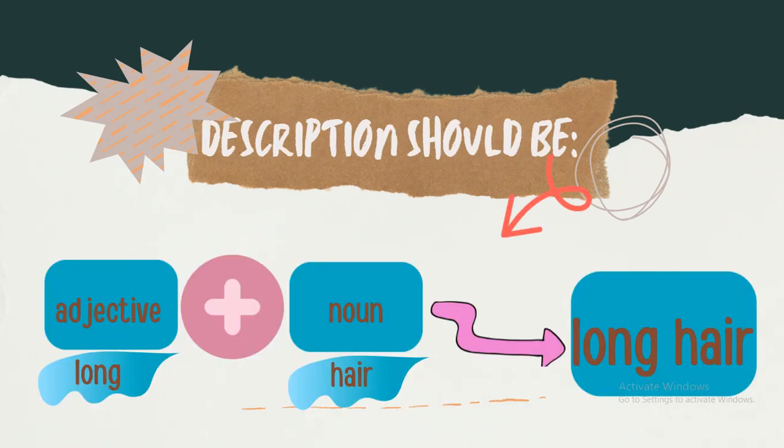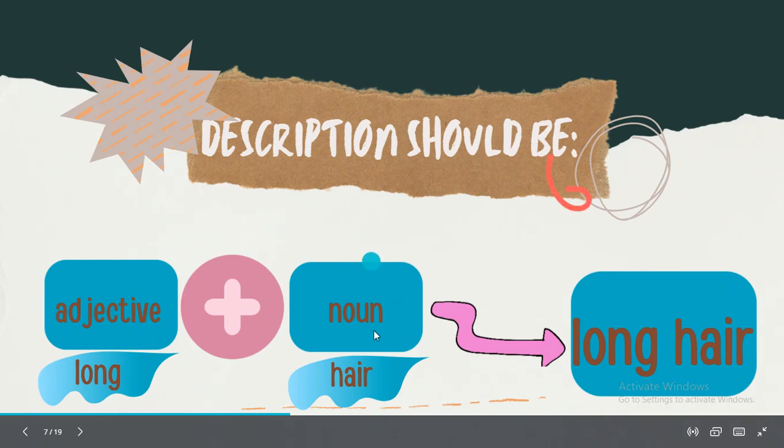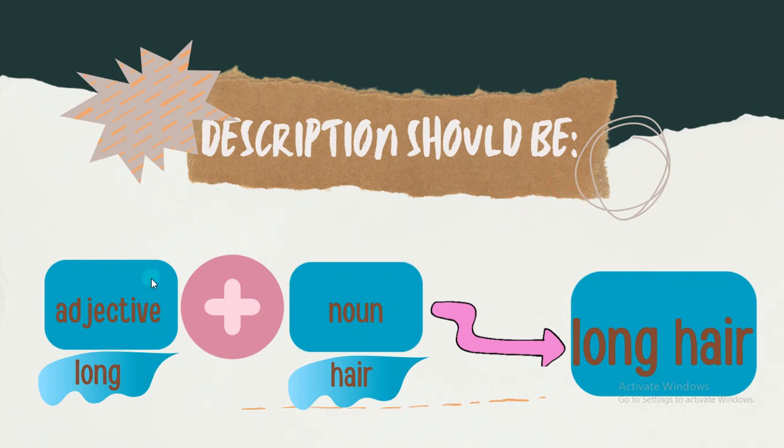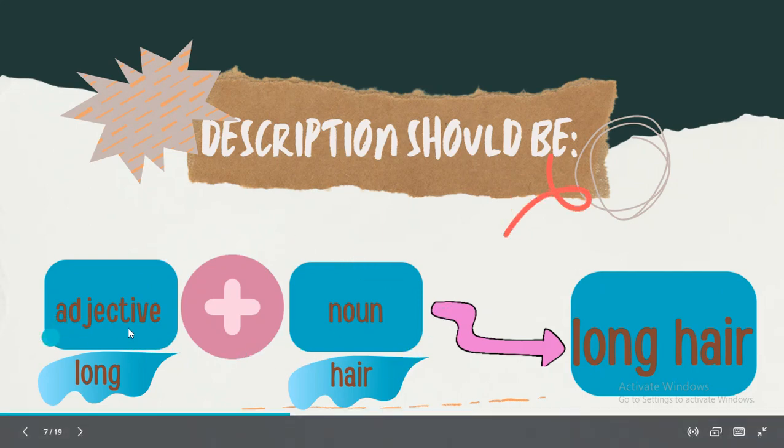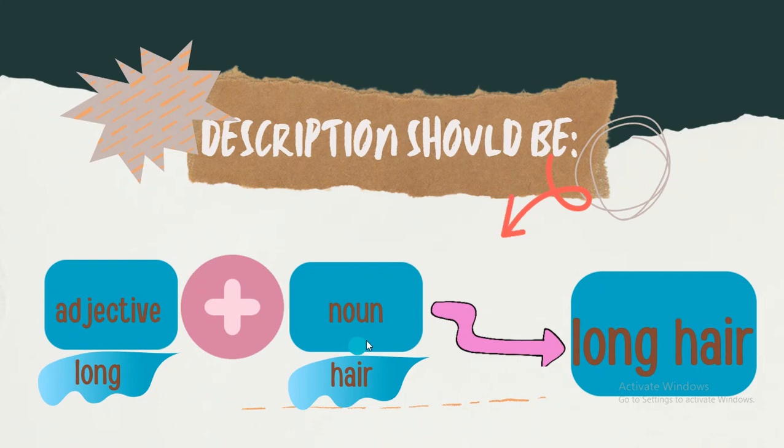Alright, so now let's go and see how we can write an adjective. How to write it? You have to know. Okay, so how to write it is you put the adjective in front of the noun. This is what we call describing a noun, where you put the description in front of the noun.